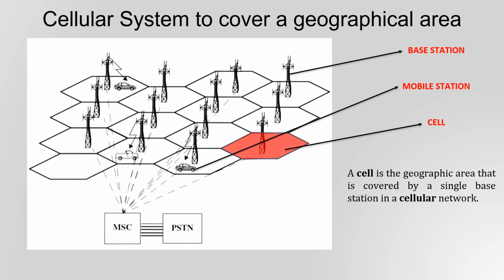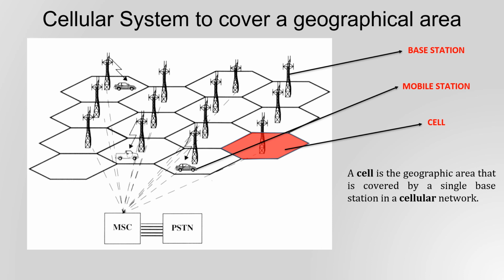Here this is our entire geographical region, and it is further divided into small hexagonal-shaped regions, as you can see in the figure. I hope this is clear. The entire geographical region is divided into small areas, and each small area is served by a particular base station.